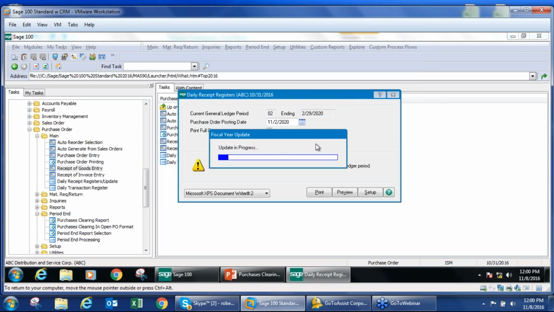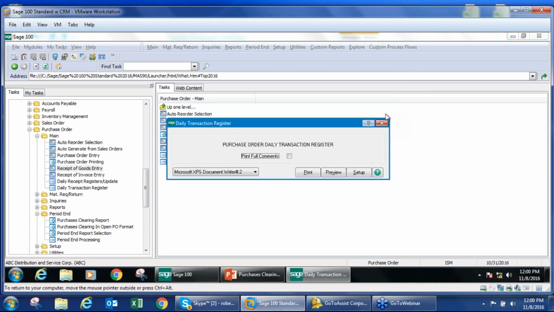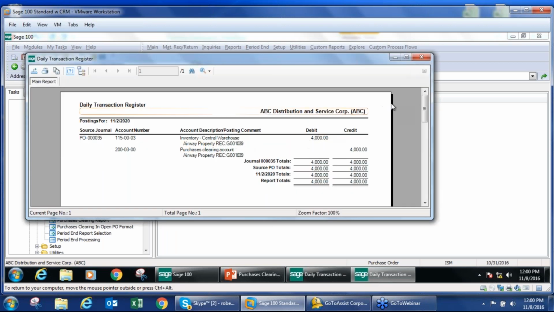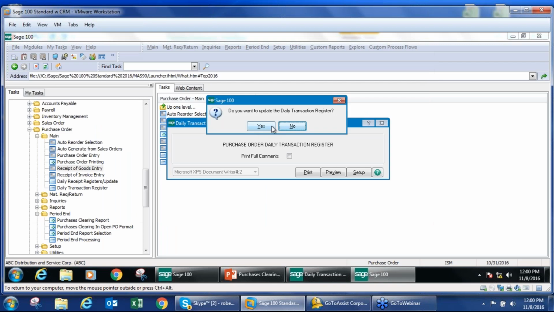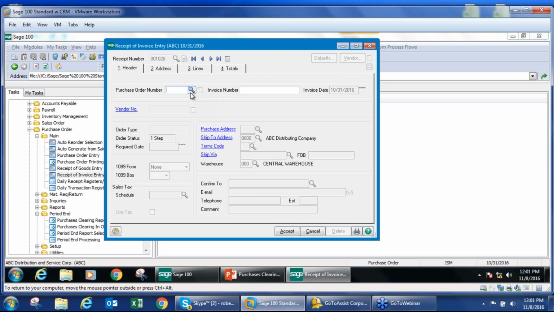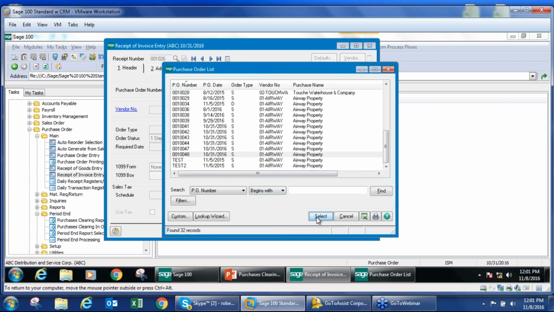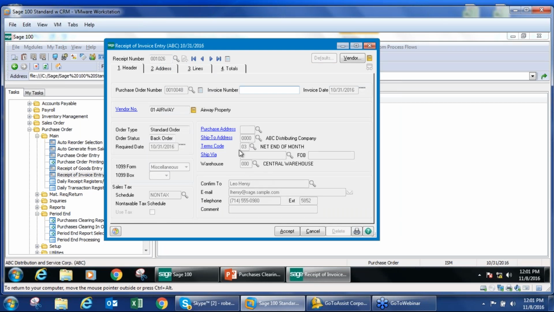We're going to quickly post this through. And we have our debit to inventory, credit to purchases clearing. Go ahead and do a subsequent receipt of invoice. This time I will do it for an amount I was planning on. And we're going to do 30 at 120.